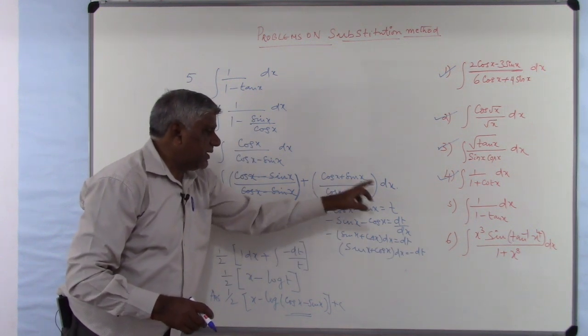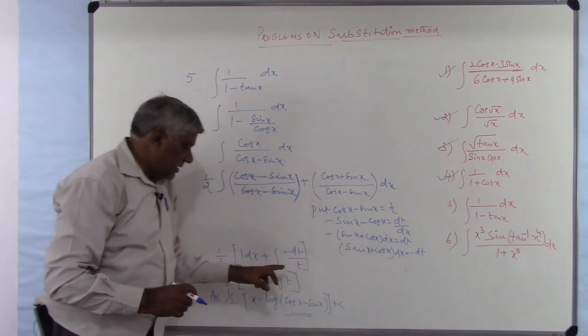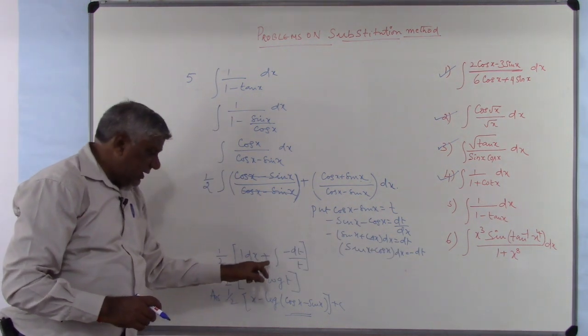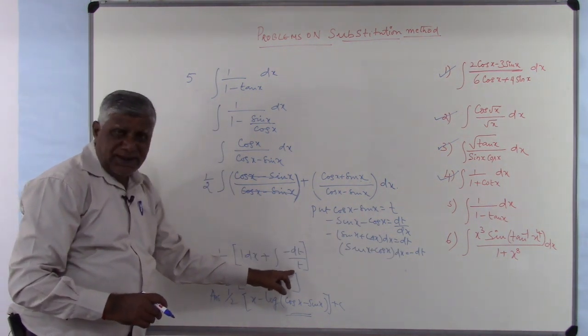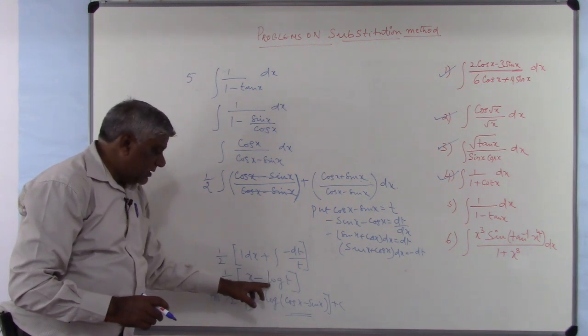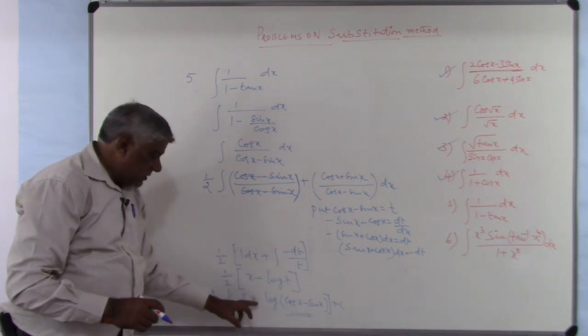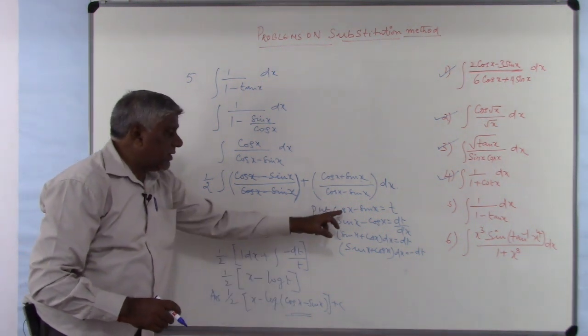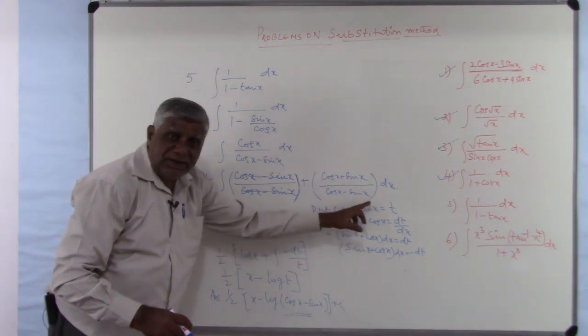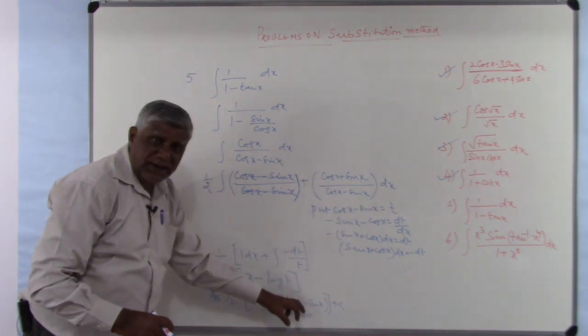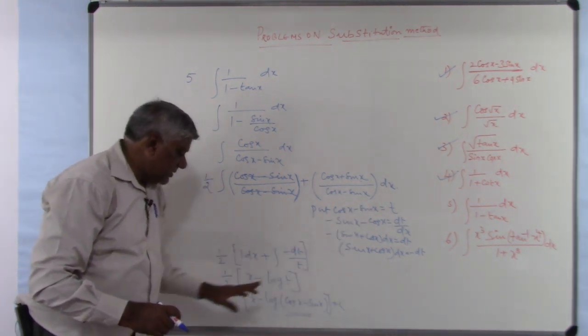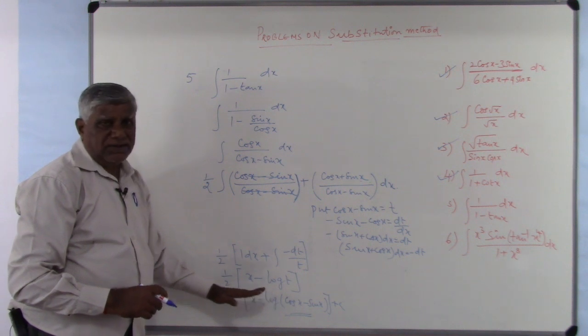Cos x plus sin x dx is equal to minus dt, that we have kept here. Integral of minus dt by t, so minus log t. So this is x minus log of t. What we have kept here? Cos x minus sin x. We are going back here: x minus log of cos x minus sin x plus c. So this is the answer.